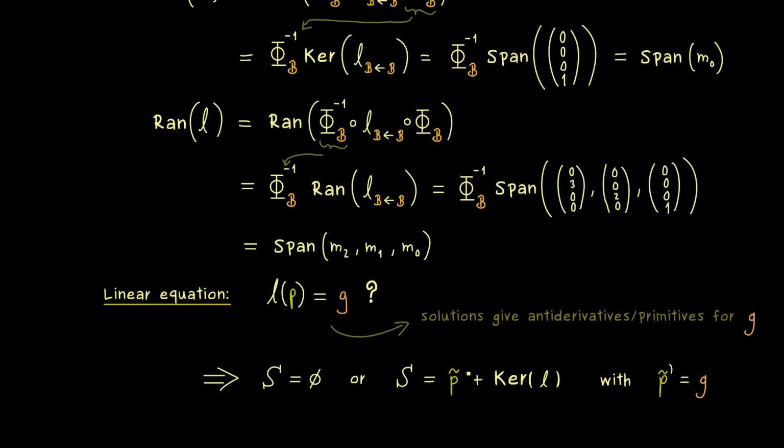However, we also see that the difference between two antiderivatives is always a constant. Indeed, the kernel is just one-dimensional and spanned by all the constants. This one is an important result from analysis, but now we have proven it in a linear algebra setting.